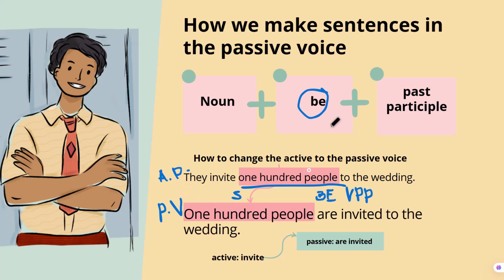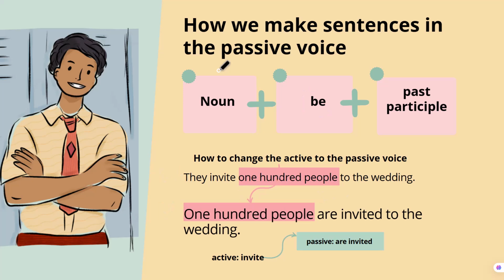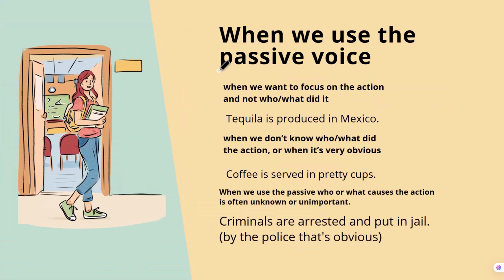All right, let's continue. Now, on the next part, we're going to say when we use the passive voice. Let's reinforce this. We have basically three scenarios, right? One, when we want to focus the attention on the action and not on who or what did it.